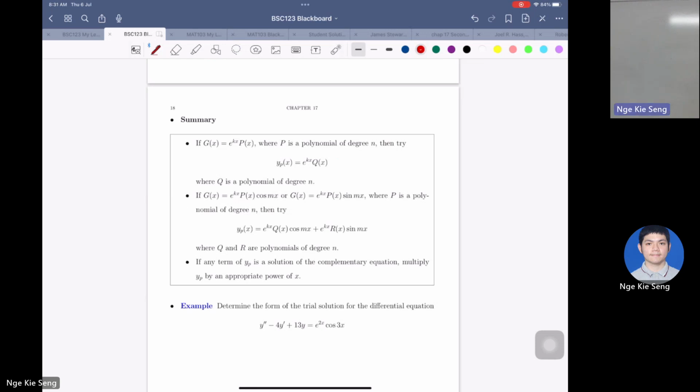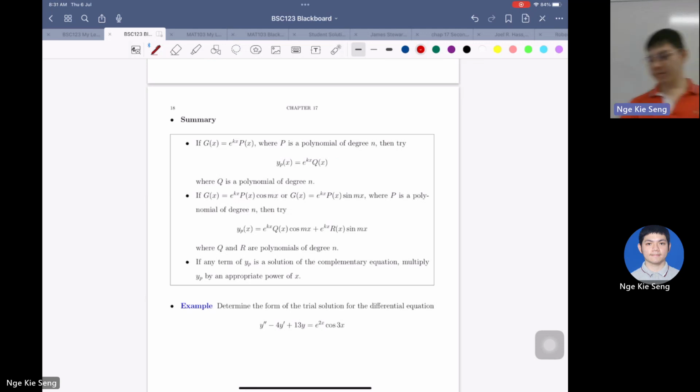Okay, so for the second order differential equation, the important question is the initial value question. Sorry, the homogeneous one. Okay, homogeneous initial value problem.